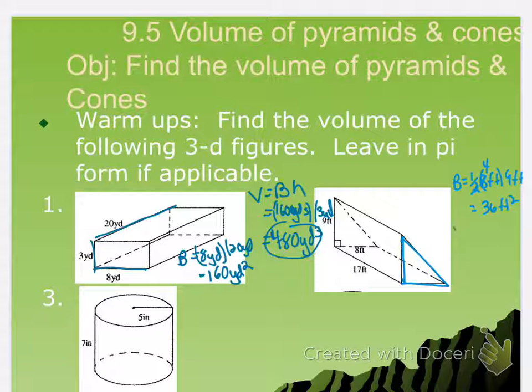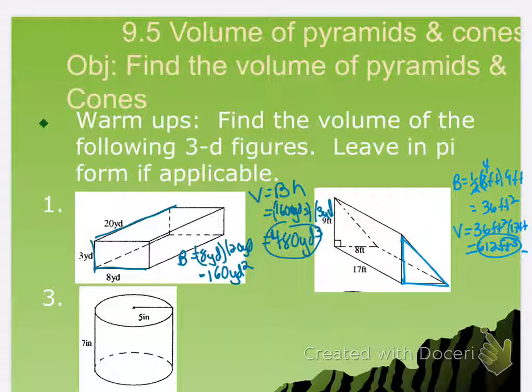And then our volume is 36 feet squared times our height of 17 feet. So 36 times 17 is 612 feet cubed.